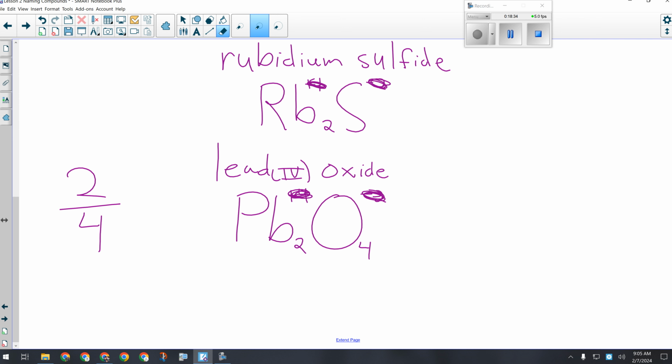This is a really easy multiple choice question for me to make on a unit exam. I ask you, what's the formula for lead 4 oxide? And I do this, Pb2O4. PbO. PbO2.